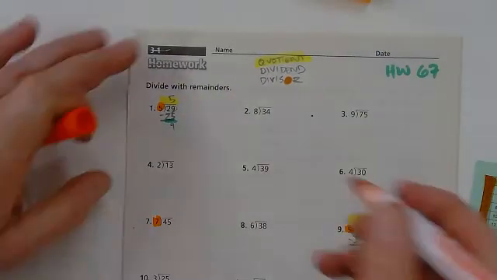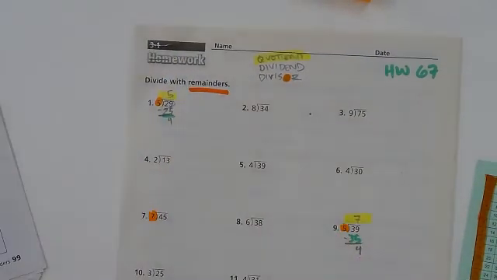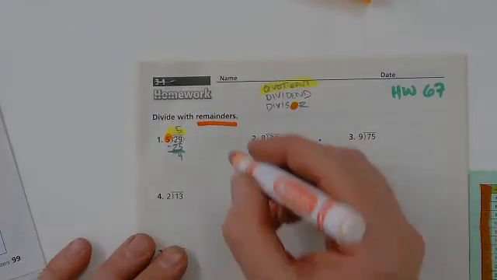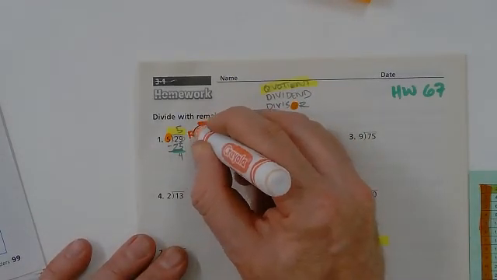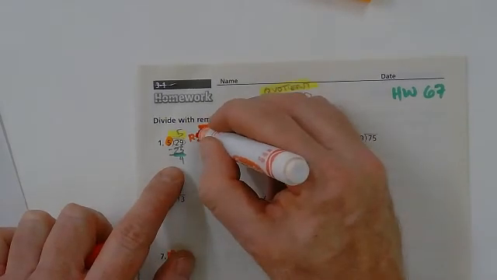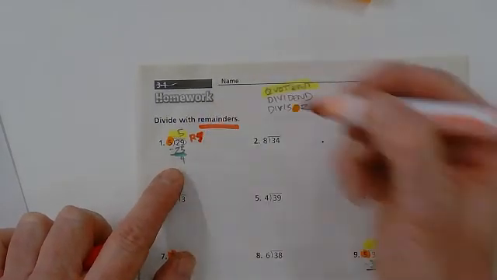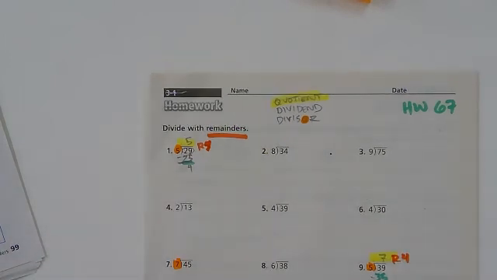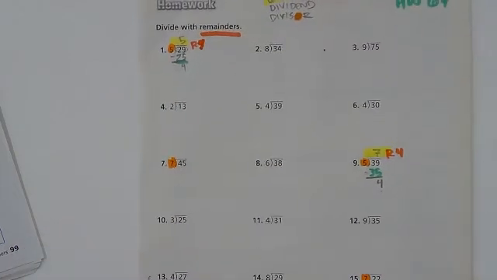As you see here, the word I haven't said yet is called a remainder. A remainder is left over. So 5 minus 1 is 4, Mr. Corcoran. That's 4. 5 remainder 4, and this is 7 remainder 4. So red for remainder, orange for divisor, yellow for quotient.